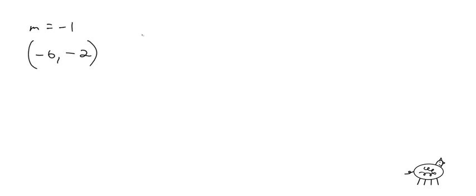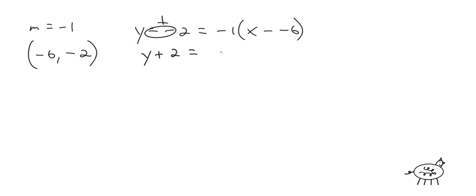So it's going to be y minus a negative 2 equals negative 1 times x minus a negative 6. So we simplify this. That's plus. So it's y plus 2 equals negative 1 times x plus 6. There you go. That's point slope form.